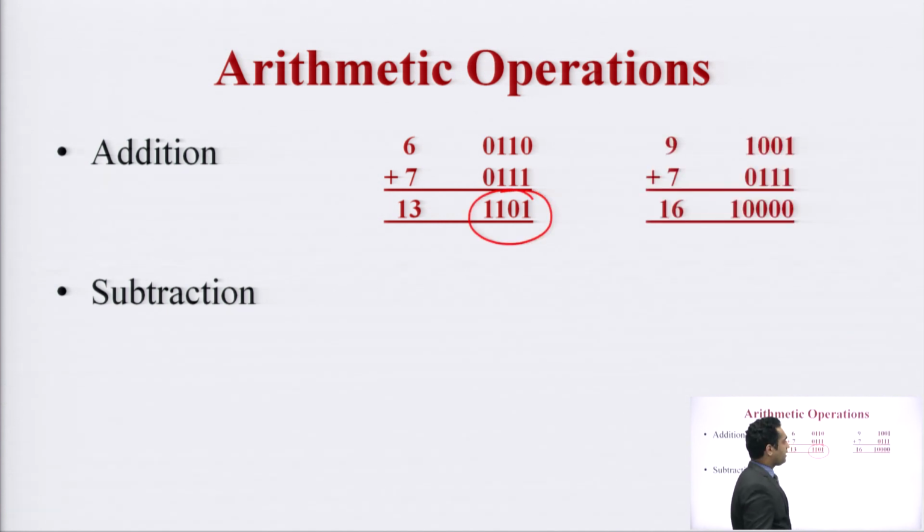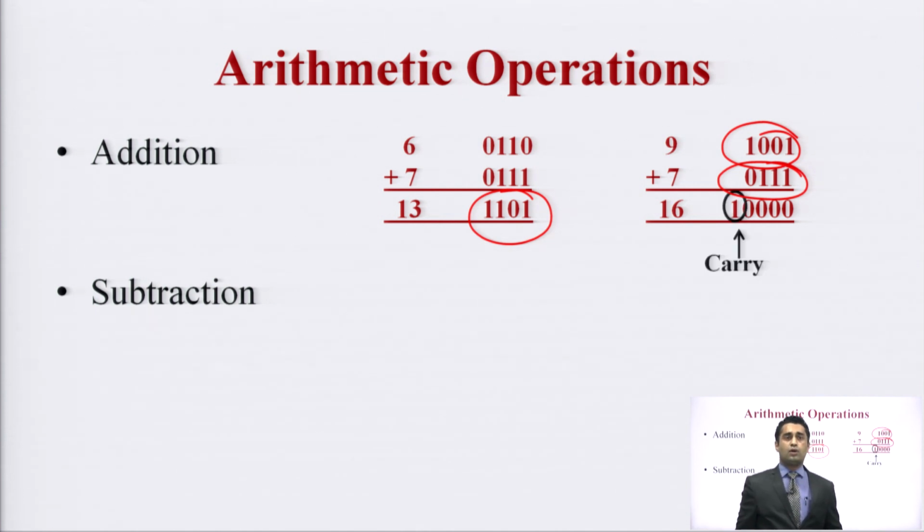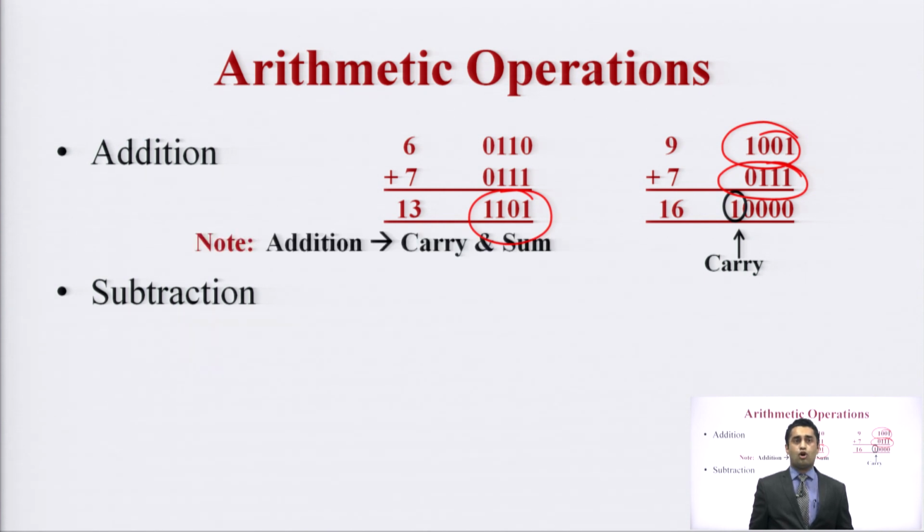In a second case, the two 4-bit numbers give the result in 5 bits. So here this extra bit is known as carry. It means we can say addition is a combination of carry and sum. Whenever we give the inputs A and B, the result is also of two types: one is carry and the other is the magnitude part.